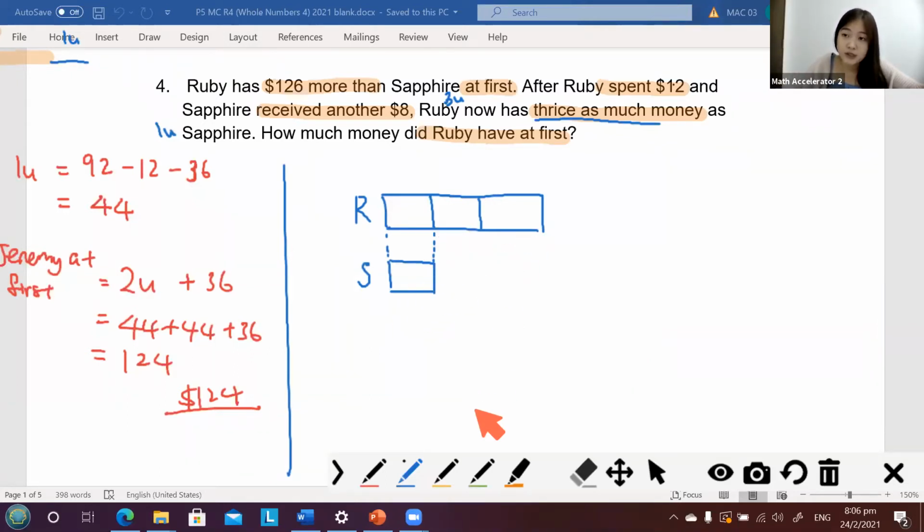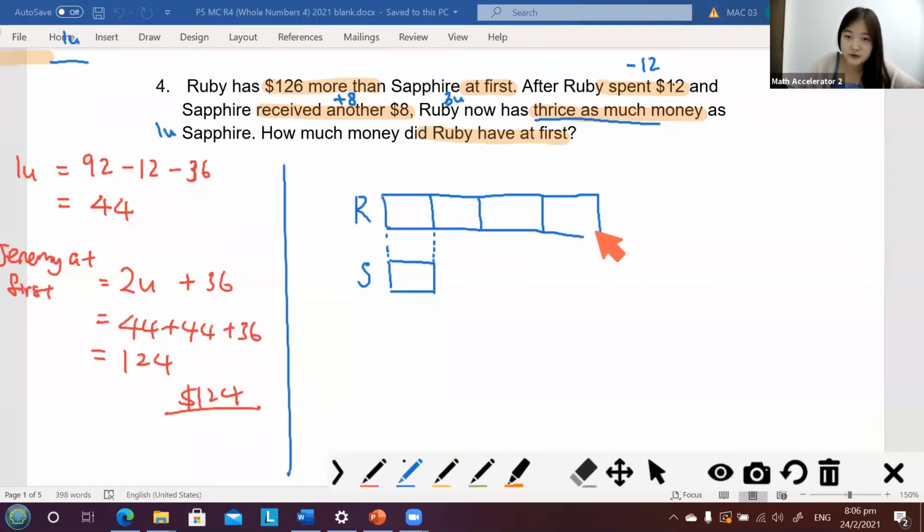Now we're going to work backwards. After Ruby spent $12, she ended up with these 3 units. And Sapphire received $8, then she ended up with this. So to work backwards, remember your signs will be the opposite. You minus 12 to end up here, so to work backwards, add it back in.